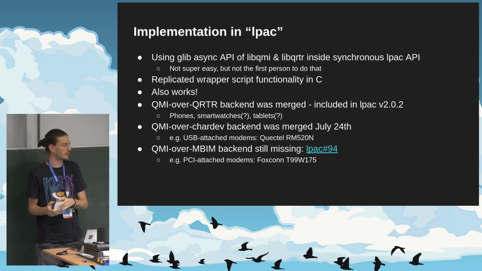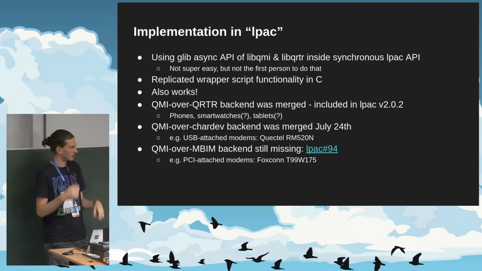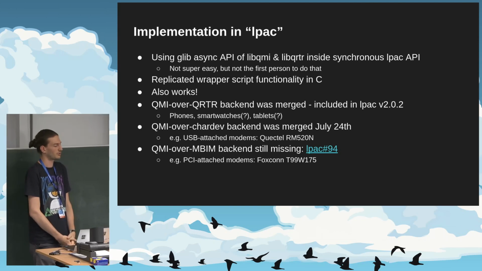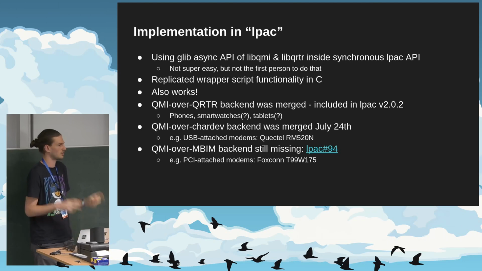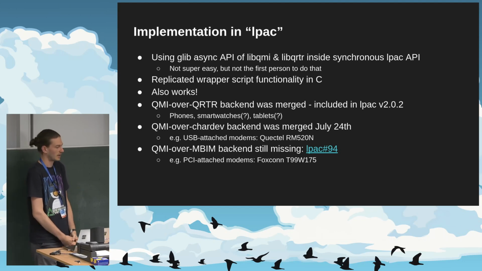For this MBIM wrapper that I was talking about before, this is still missing a proper implementation in LPSC directly, to not use this wrapper script anymore. It shouldn't be too tricky to make because libmbim is also using the same glib async stuff. So you just need to make a few, let's say, synchronous wrappers over the async API, or you can just copy paste it. And then it should also work on some other modems, which includes, for example, this PCI attached modem.